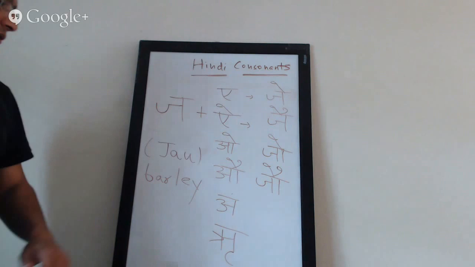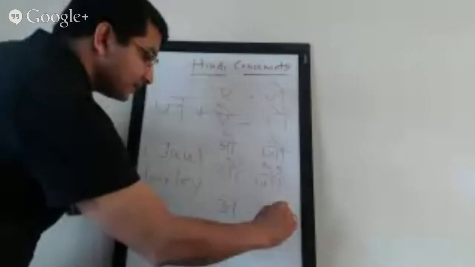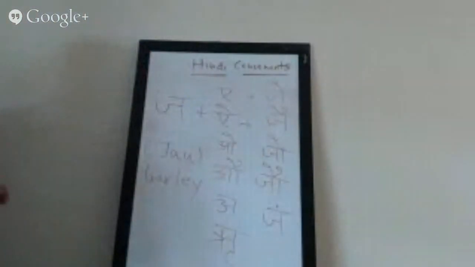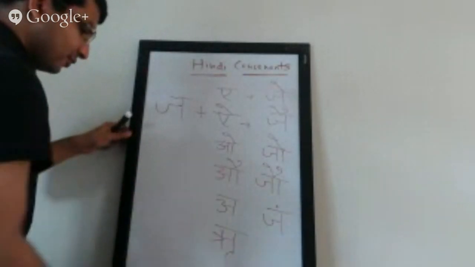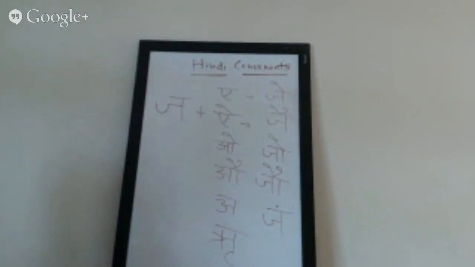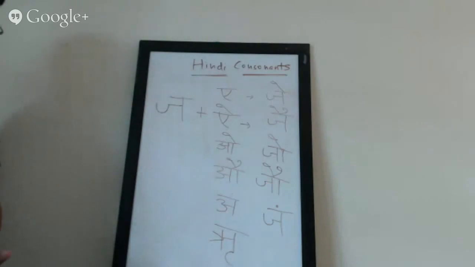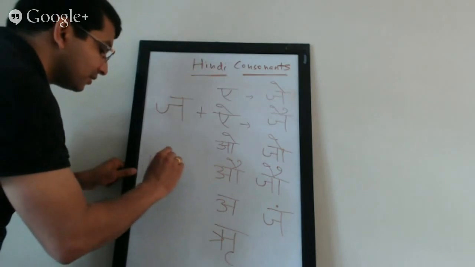Now let's look at the last two. J, and you'll have nasalized. If you want to make it a nasalized sound, it will be Jan. Right. So again, if you've been to Jaipur in India, there are some ancient clocks where just by looking at the shadow of some of the structure, you can predict the time. Those structures are known as Jantar Mantar. Right.